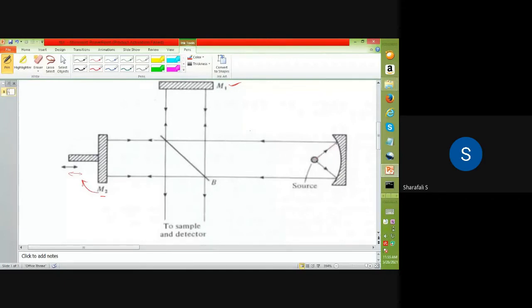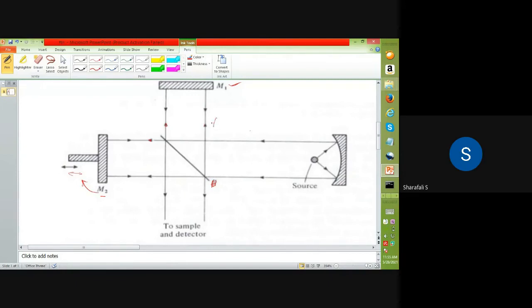It will be reflected by using a KBr or NaCl mirror. And then we have to pass that IR radiation through this beam splitter. Okay. And this one will split the radiation into two different directions. Half of it will be passing through this, and half of it will be going in this direction.